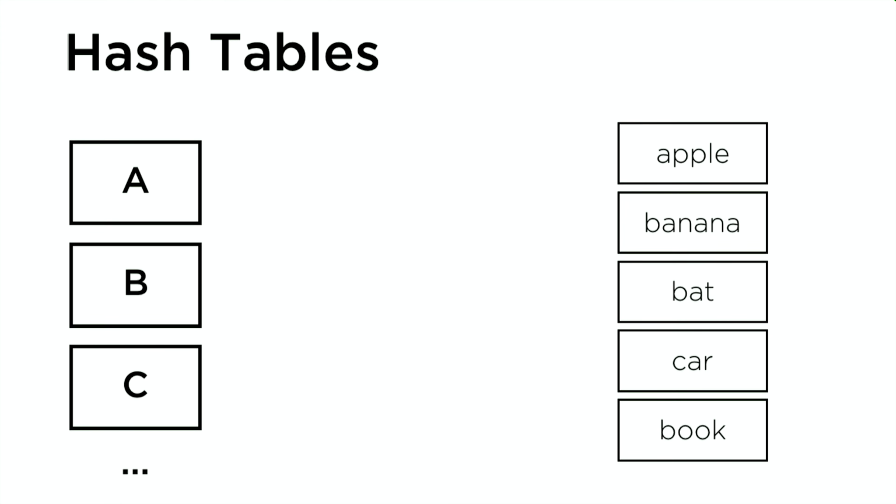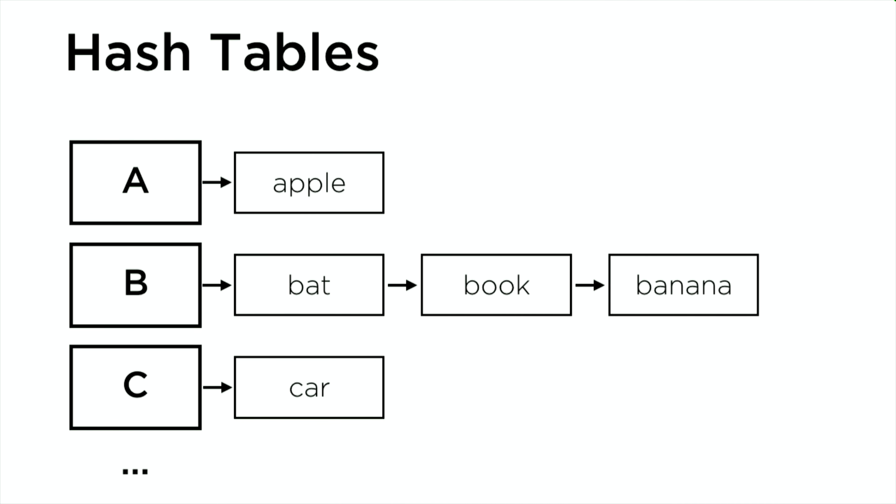I'll create an A bucket for all words that begin with the letter A, a B bucket for all words that begin with the letter B, and a C bucket for all words that begin with the letter C, and then associate each of those words with a particular bucket. So for example, apple ends up in the A bucket, bat, book, and banana end up in the B bucket, and car ends up in the C bucket. What I've used here is a hash function, a function that takes apple, or bat, or book as input, and outputs which of the linked lists, the A linked list, or the B linked list, or the C linked list, that I should place this particular word into.